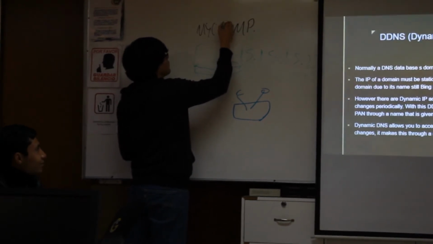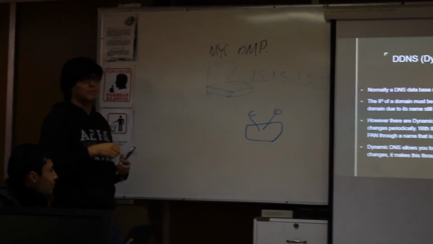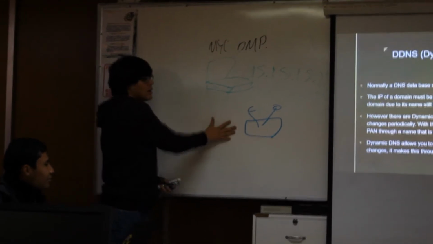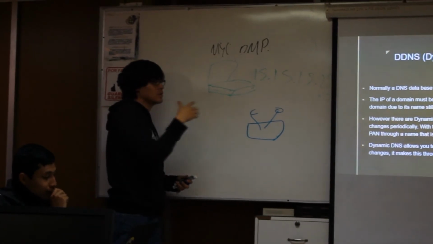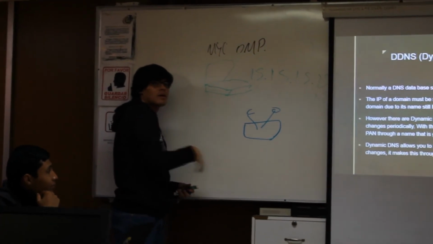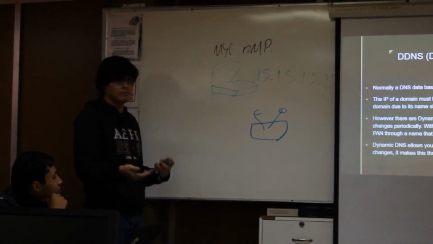But in some cases, like we saw before, the router is going to change the IP of your computer every time the computer accesses the network. It will give it the IP that it has available.